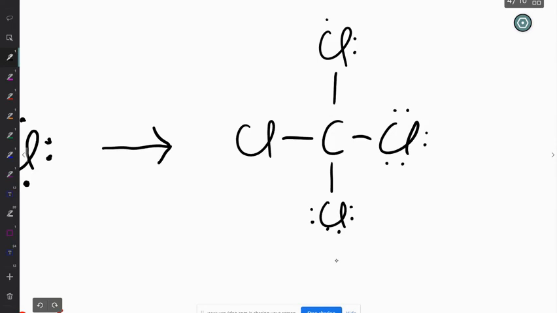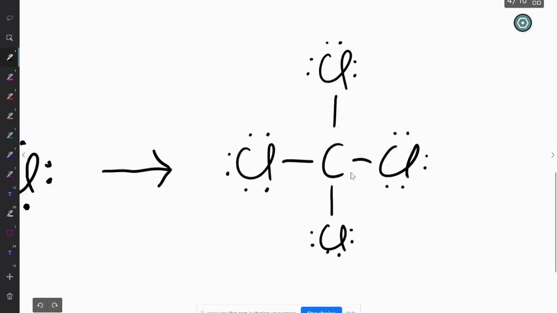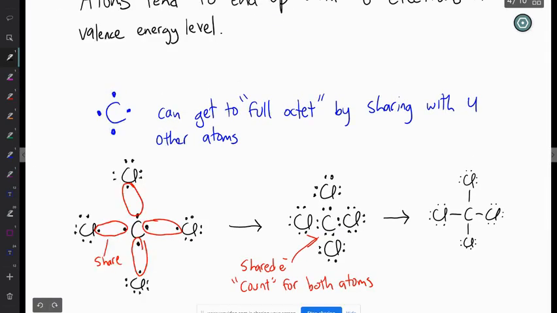And we leave the unshared electrons as individual dots. So if I look at any atom here and count the total number of electrons, there should be 4 pairs around it. And chlorine here has 1, 2, 3, 4 pairs. That's 8. Carbon has 1, 2, 3, 4 pairs. That's 8. So everyone is satisfying that octet rule.